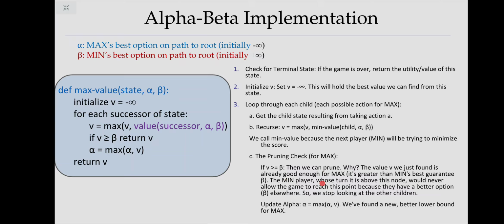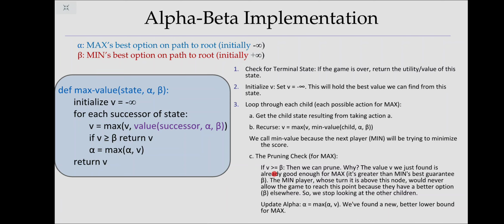Because of that, the min player whose turn is above this node does not allow this action to be taken, and because of that, continuation of the searching is not useful and we stop.